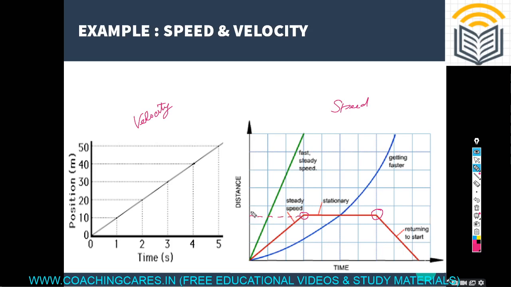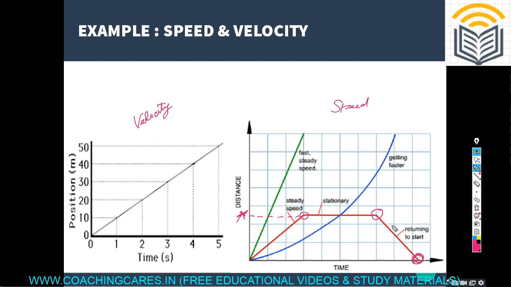You will notice the distance is the same, some value x here. So this is the same. This region is known as the stationary region of the object, or we can say the object is at rest. After that, from this point to this point, it is coming back to the rest position or initial position of the object.